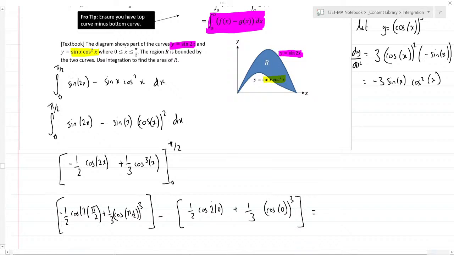Everybody happy with that and where that's come from? So what's that equal to if you put that into your calculator? Anyone done it? Should I do it? Two over 9? Everybody else get 2 over 9?